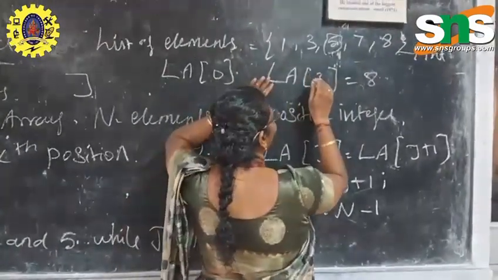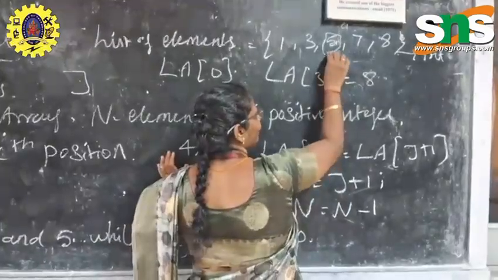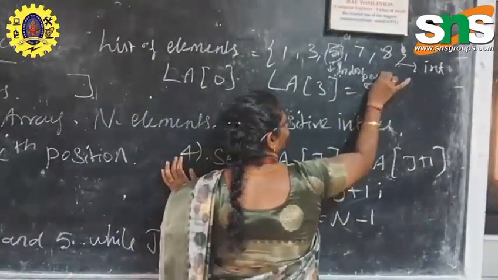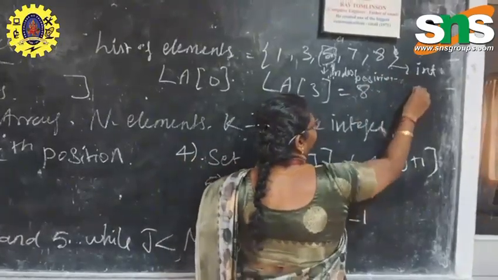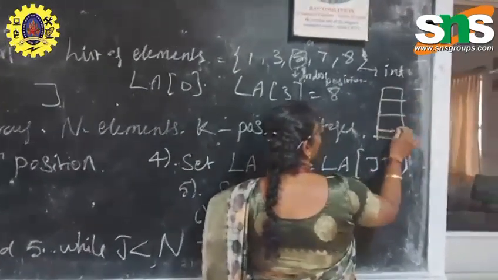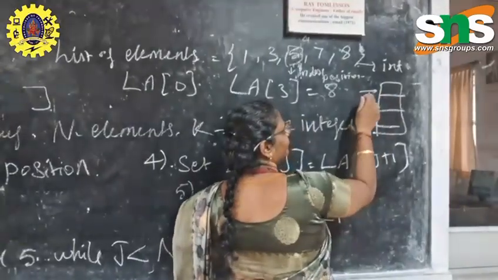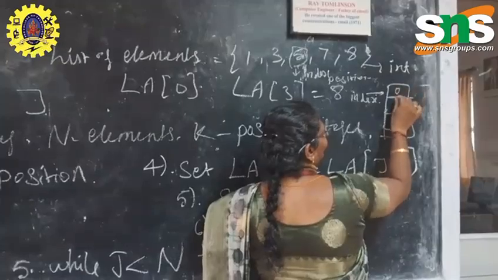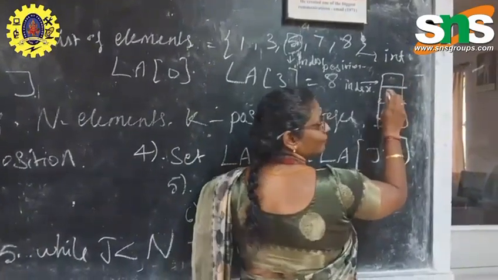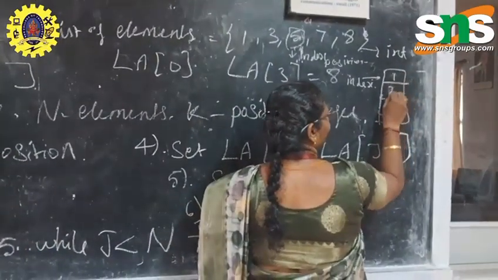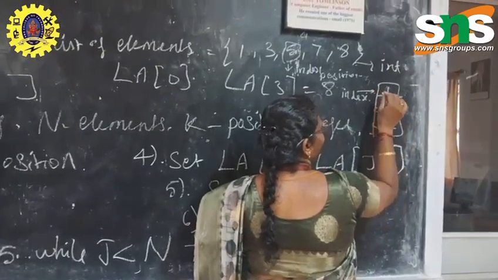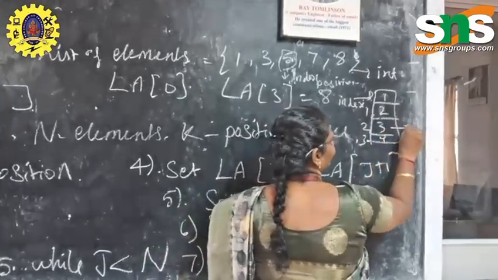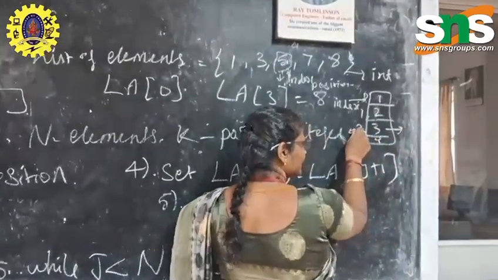If we want to delete this 5, we have to find its index value or its position. Already we know that in an array we can store the values and refer to them by index value. The index values are 0, 1, 2, 3, 4. So to delete this element we refer to its index value.